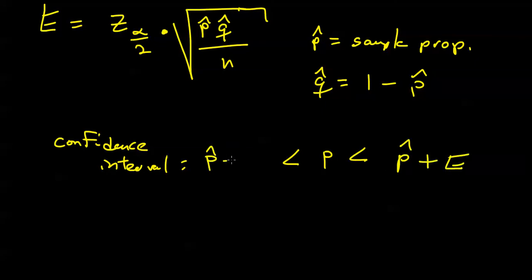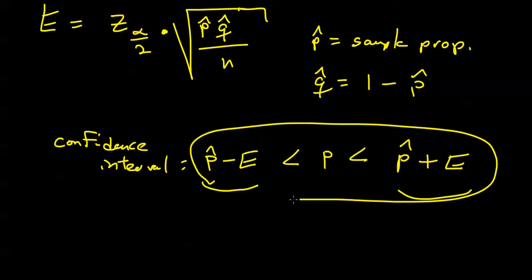Basically, I've got an upper and lower bound for P. The upper bound is your sample proportion plus your margin of error, and the lower bound is going to be your sample proportion minus your margin of error. So our confidence intervals are going to look something like this. Numbers high and low, creating upper and lower bounds for our estimate for P, with a little p hopefully trapped somewhere in between.